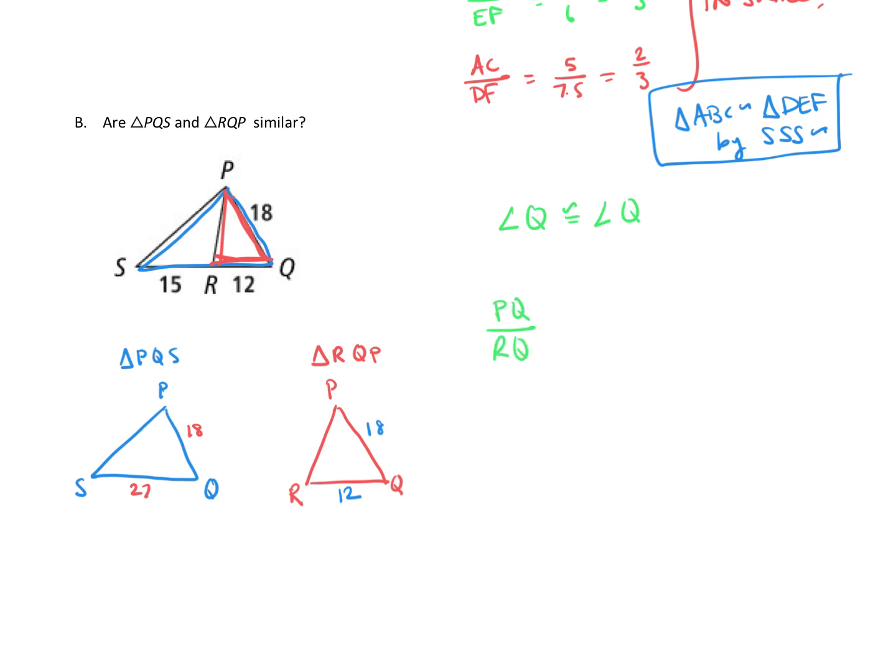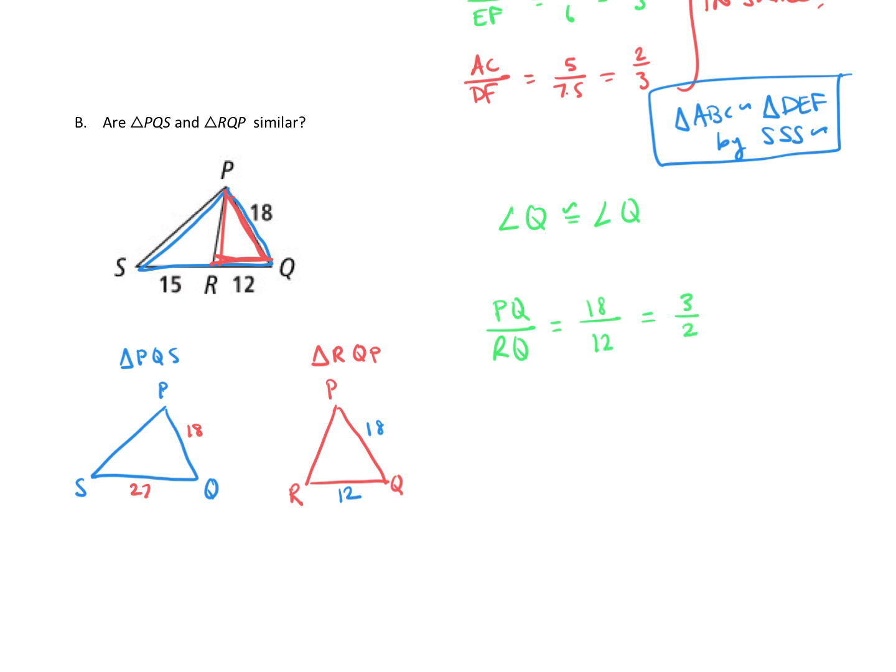And again, I'm looking at this order to help me do that. PQ are the first two vertices, RQ are the first two vertices. Those will be corresponding sides. So then I look at the picture. PQ on the left is 18 units long. RQ on the right is 12 units long. 18 doesn't divide by 12, but we can reduce that. Divide both by 6 and we get 3/2.